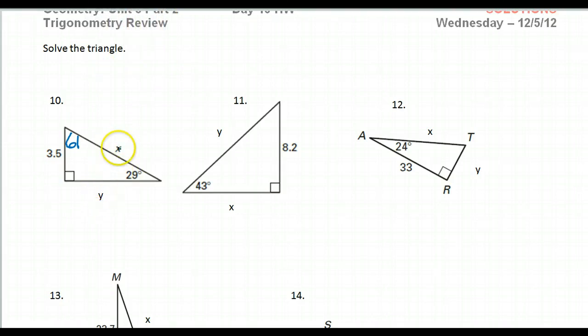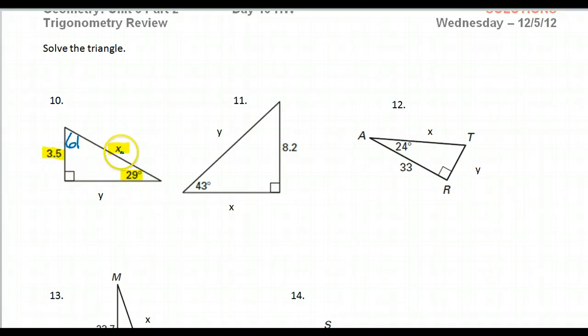You have to decide which one of these sides you want to find first. I'll just go in alphabetical order, so I'm going to find x next. Looking at the x that I'm trying to find, and the two numbers I'm given, the 3.5 and the 29, these are the three things I will look at to decide which trig function I'm going to use.